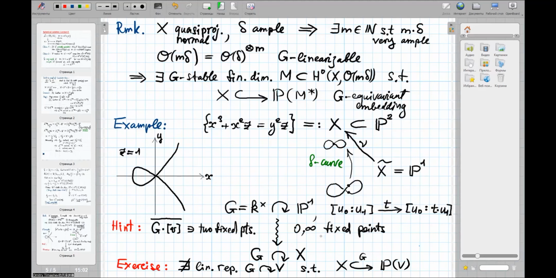Okay, now let me turn, so this was actually a big digression about divisors, line bundles, and then we proved Sumihiro's theorem, which is actually more general than the scope, the topic, the subject of my course. Let me now come back to the subject of my course, that is to spherical varieties.